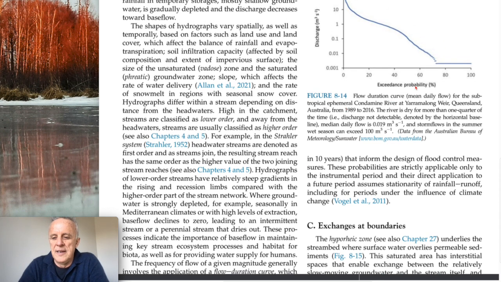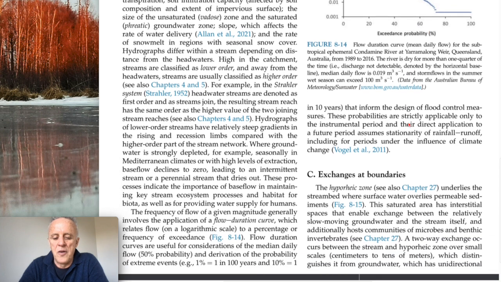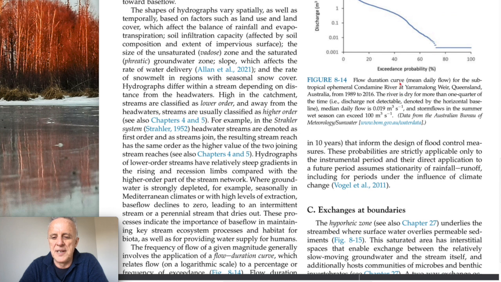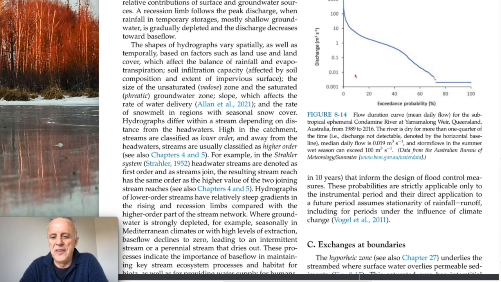So here what they're telling us is, for example, 10% probability would be like one event every 10 years of having a flow of about, let's say, 9 cubic meters per second for this river here in Queensland.